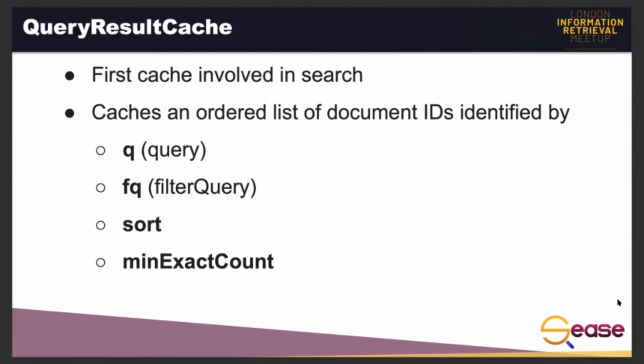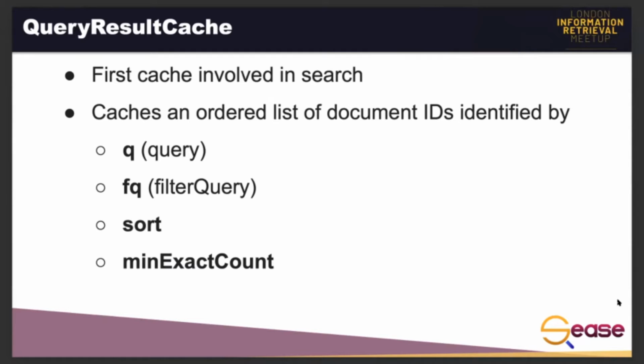It makes sense to use min exact count only if you want your results ordered by score in descending order. If you also put the sort clause, Solr probably gets no advantage from min exact count, but you risk increasing the possibility of not finding any value in the cache.